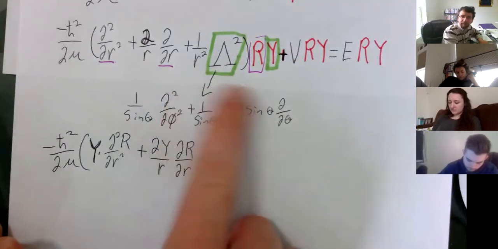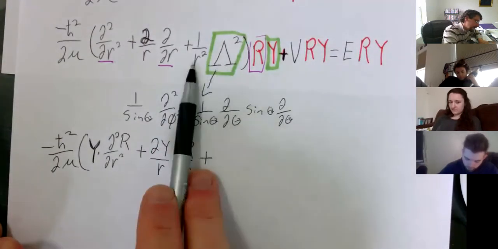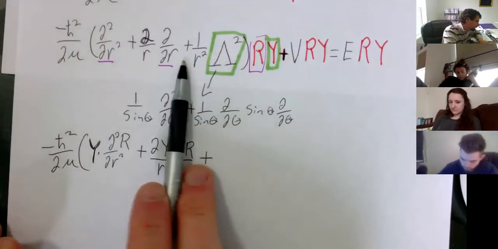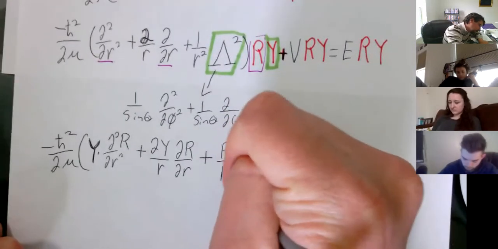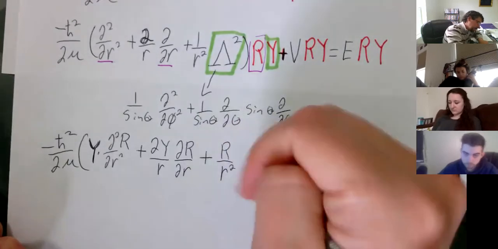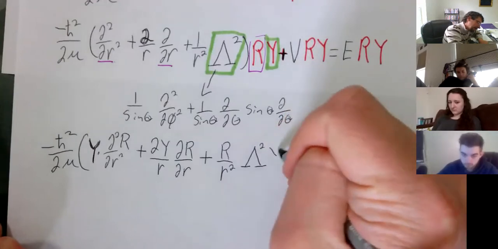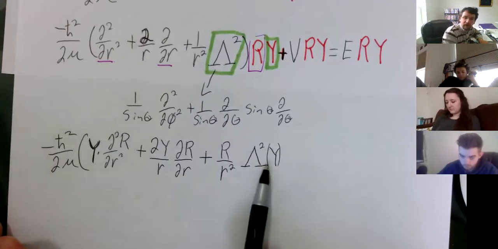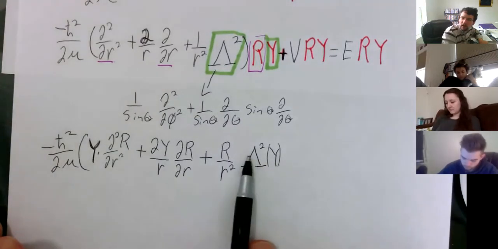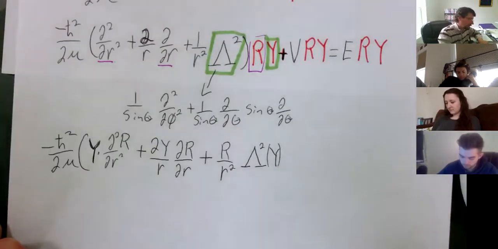The last term? So this bit right here, what's that going to become? R over r squared, y. Yeah, this one was lambda y. Lambda y, okay. Yep. This parenthesis means lambda is acting on y, because remember, order matters.